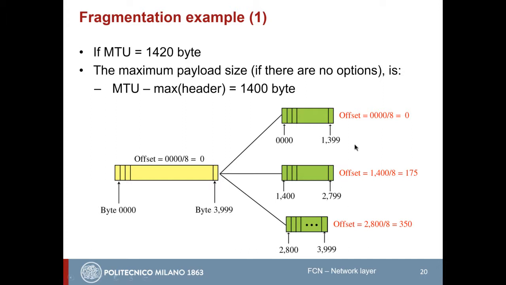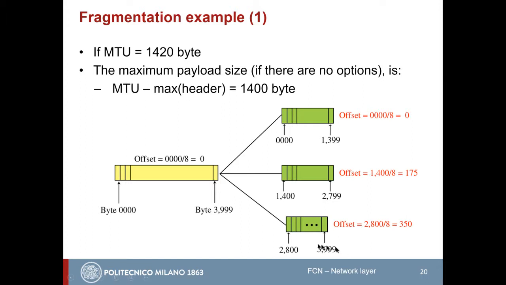So you can immediately also write the offset value for the 3 fragments. The first one has an offset 0 because it starts from the first byte of the original payload, which is 0. The second will start from byte number 1400, so the offset is 1400 divided by 8, which is 175.